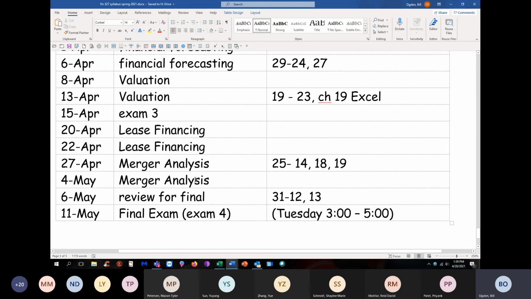We will conclude merger analysis on the 4th of May. And then on May 6th, we'll have the review. We'll go through these problems and then do a quick review for the final. Then we will have our final exam on Tuesday, the 11th of May, between 3 and 5. That's when I will open the window.